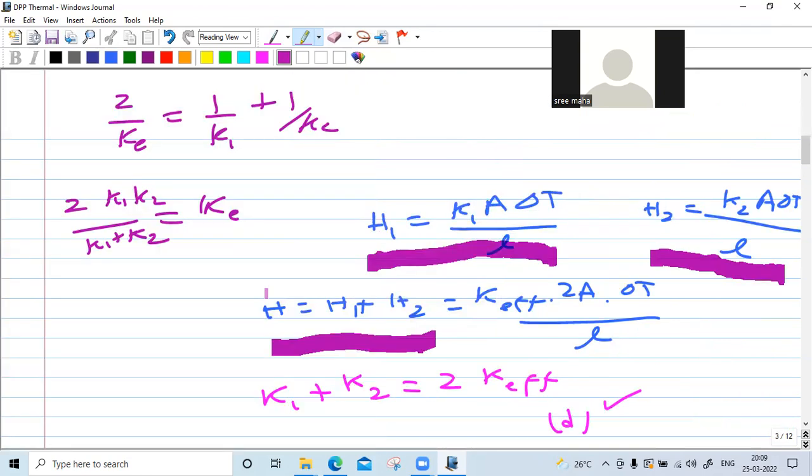So that is some K effective into the area, and the area is 2A of the composite.